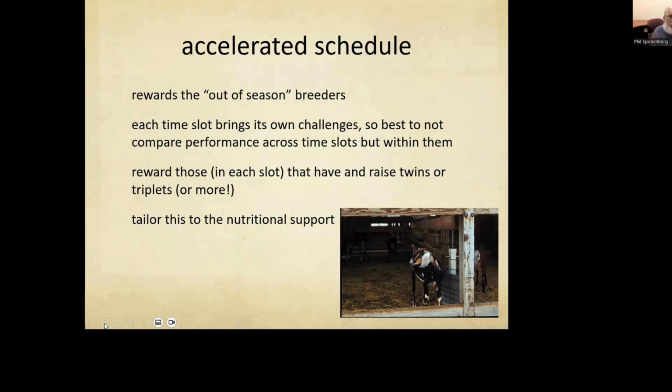And then, if you want triplets, reward those that have triplets. So you need to also tailor this to the nutritional support. We already talked about that. If they have triplets and can't raise them, then it defeats the purpose of having triplets. So nutritional support is important, but also just evaluating and comparing those animals within that time slot that have raised twins or triplets successfully.